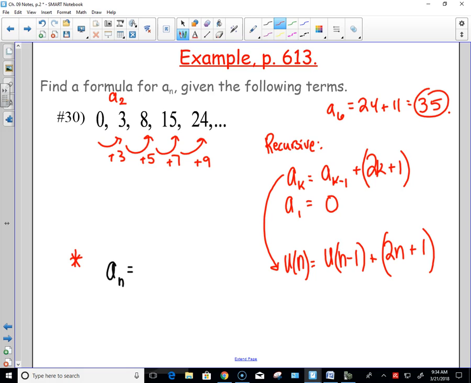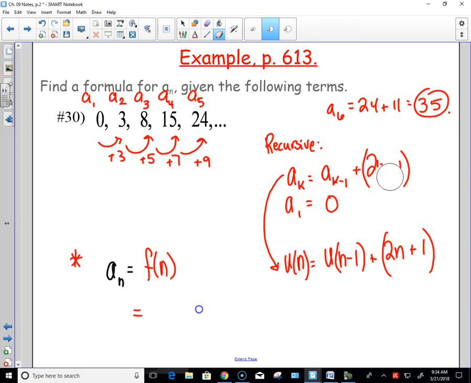It was asking for an f of n formula where you don't have to jump to get there. You just plug in n is 1, n is 2, n is 3, and you get out 0 and 3 and 8. Now some of you were able to figure out how to make 3, 5, 7, 9, 2k plus 1 or 2k minus 1, which I'm going to change right now because the plus 1 was 1 off.